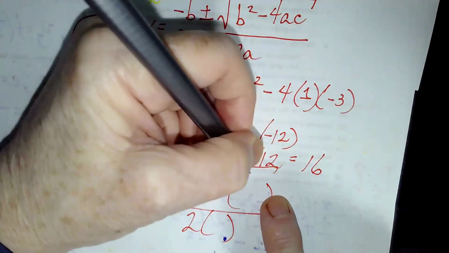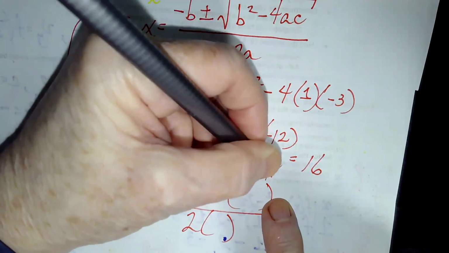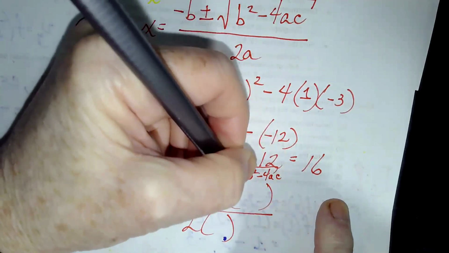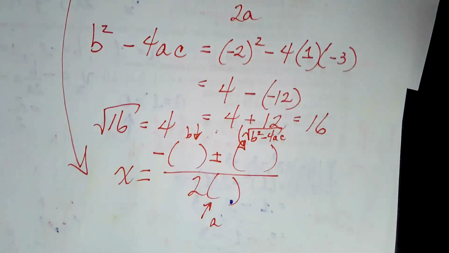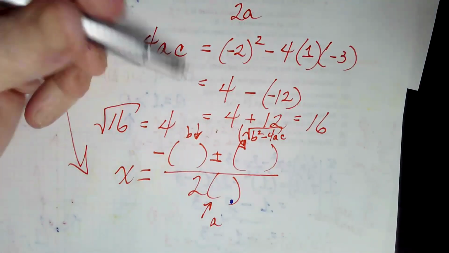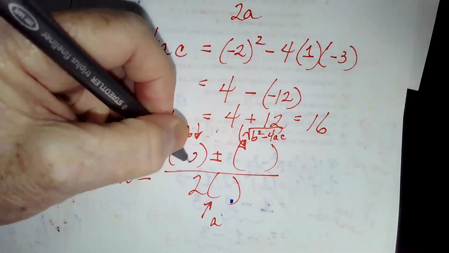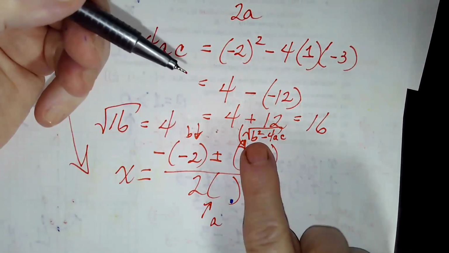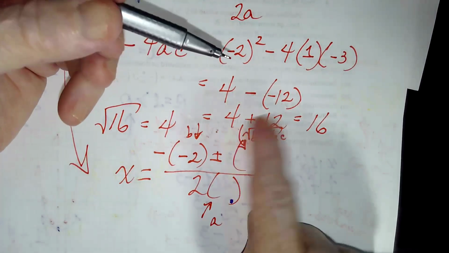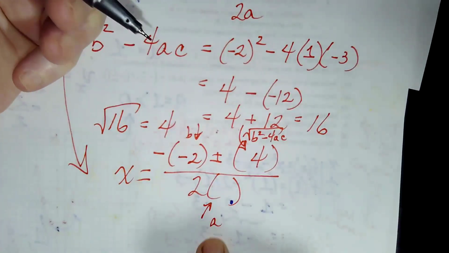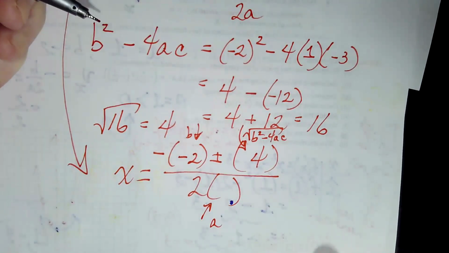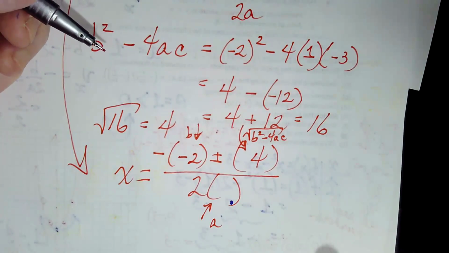The square root of b squared minus 4ac in here, and a in its spot. B was -2. B squared minus 4ac, the square root of was 4. And A was 1.